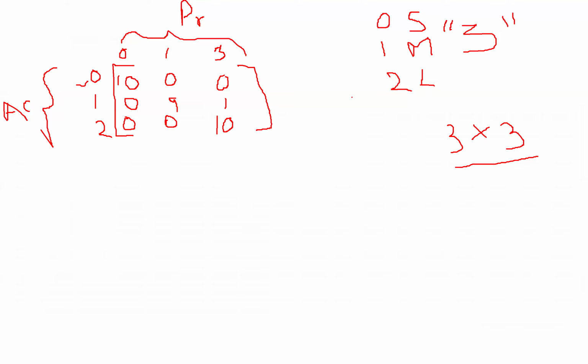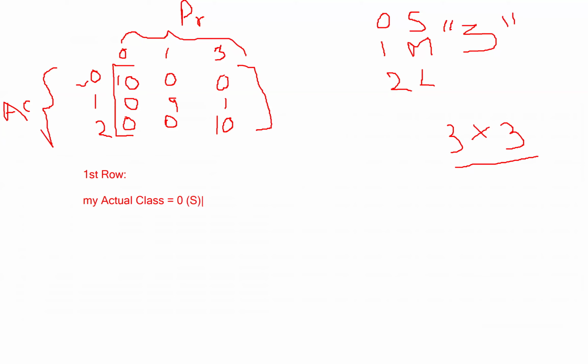If we look at the first row, my actual class is 0, let's say small size.